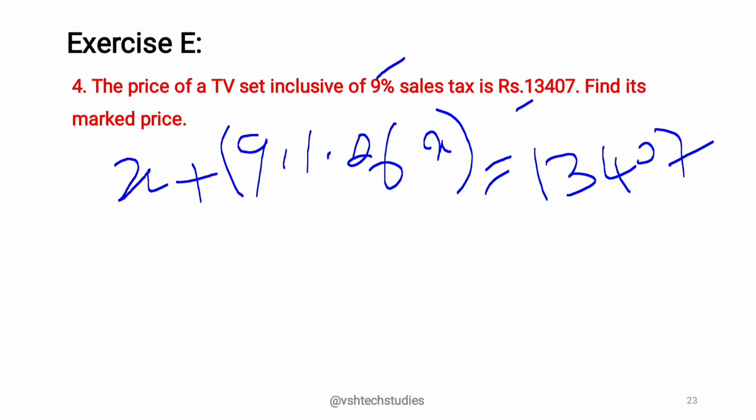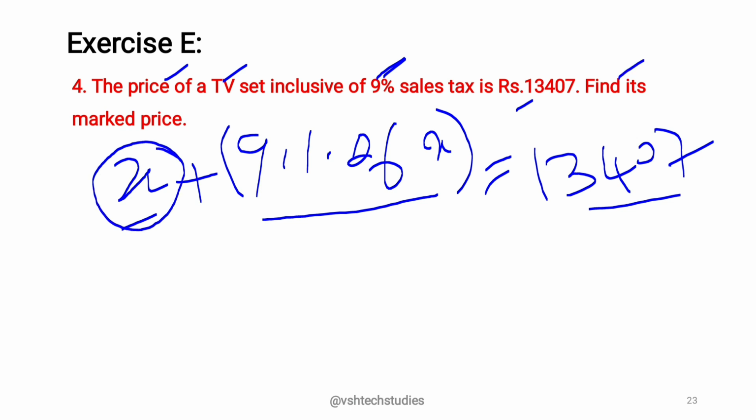That is what is given here. Let us read once again. The price of a TV set inclusive of 9% sales tax, so price of TV plus sales tax, is equal to 13,407. Then find its marked price. So marked price means X is the marked price here. That we have to find. So this is the analysis and approach to the problem.